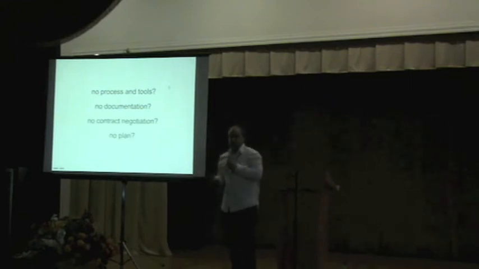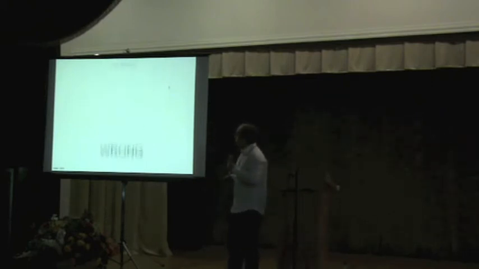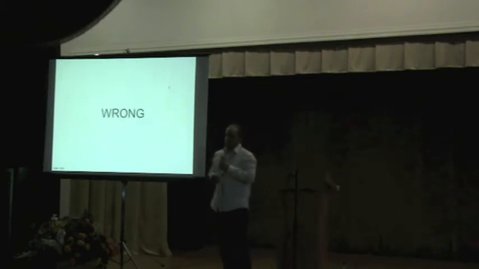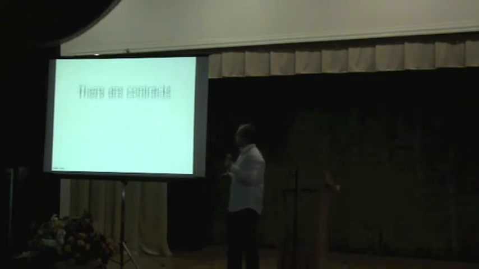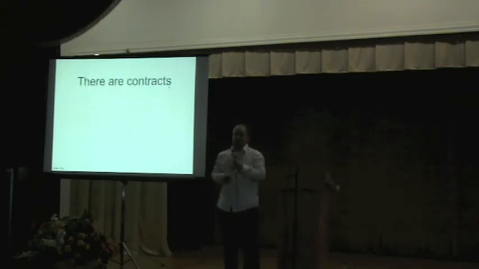So you might ask yourself, no process and tools, no documentation, no contract negotiation, and no plan. How do you do this? How do you guys do it in Poland, in a small team? This is wrong. Obviously, there are contracts. We sign contracts with clients. We negotiate them. Our contracts are simple.